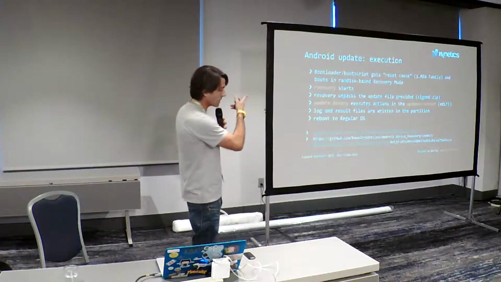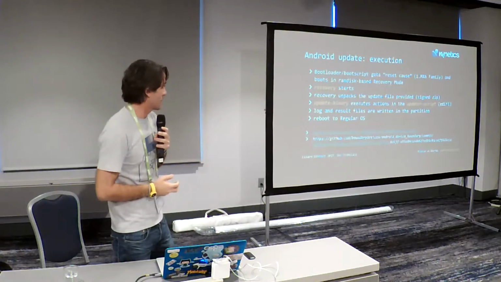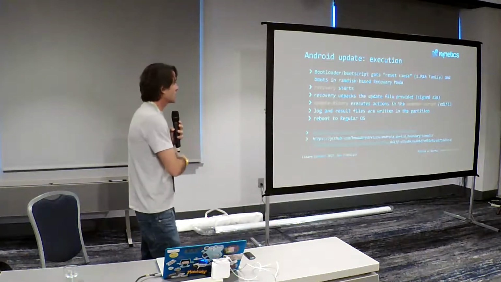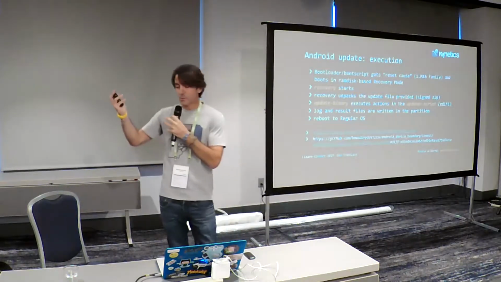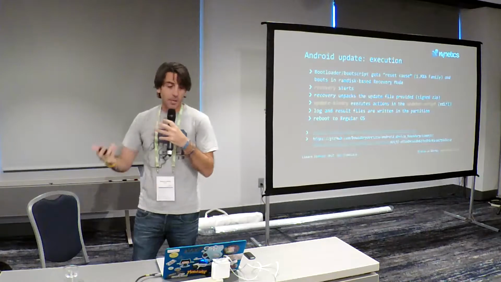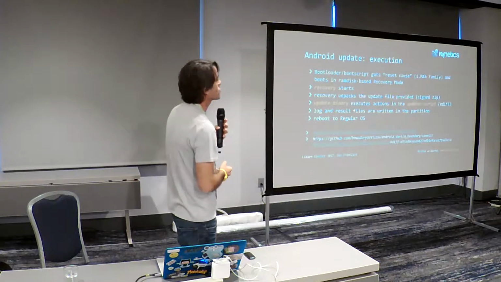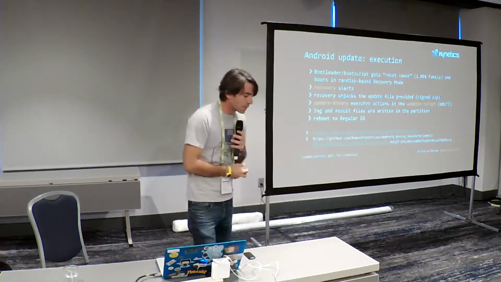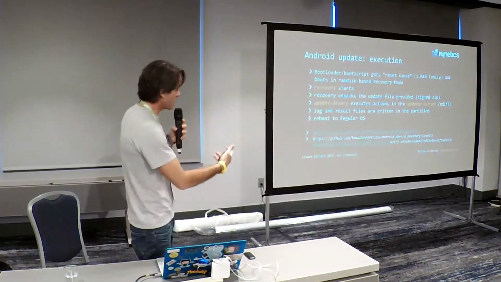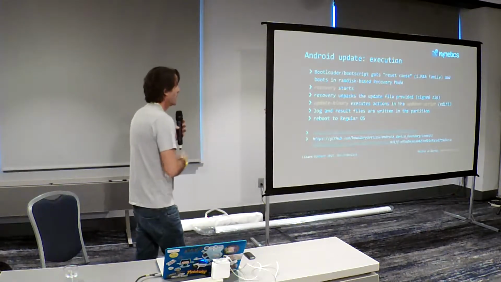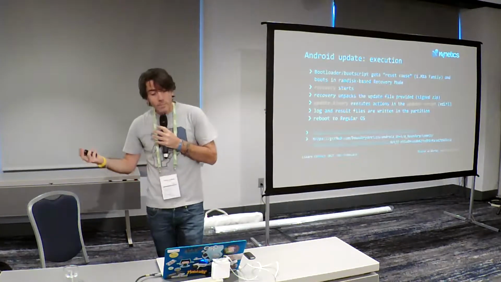Recovery is the name of the binary that Android uses for handling the recovery. So recovery starts and unpacks the update file, because as you know, Android updates are just signed zip archives with a particular structure, where inside you have an updater script written in a scripting language, and the update binary executes actions in that script, writes a log, and writes the new operating system image.